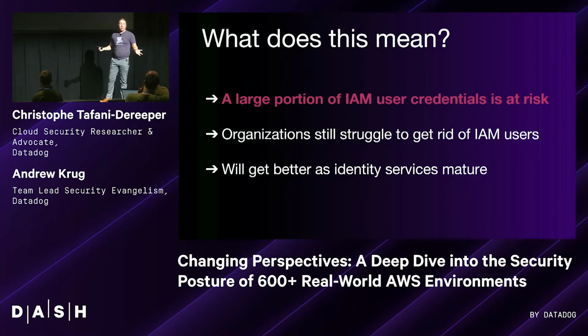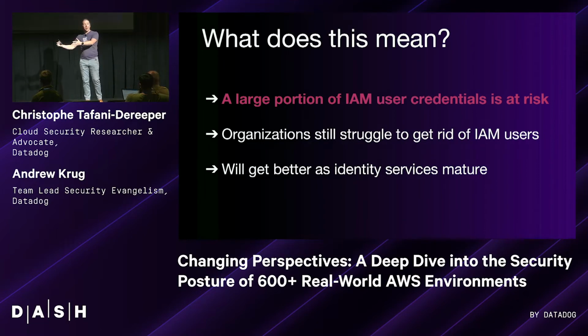We're all striving to get better, right? And the good news is that identity is getting a ton of attention, and the tools are better than ever. So I guess the call to action here would be if you haven't looked at things like permissions boundaries, if you haven't looked at things like organizations and SSO in a long time, go reevaluate those things if you're not using them today.